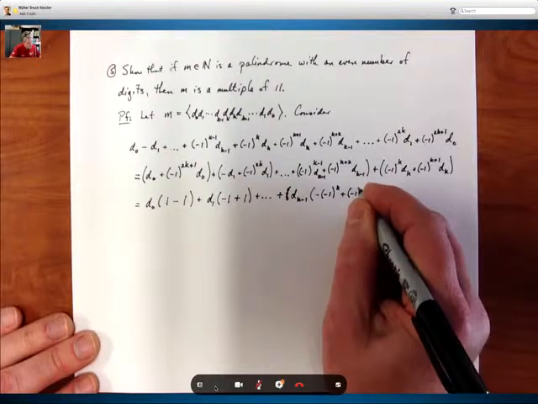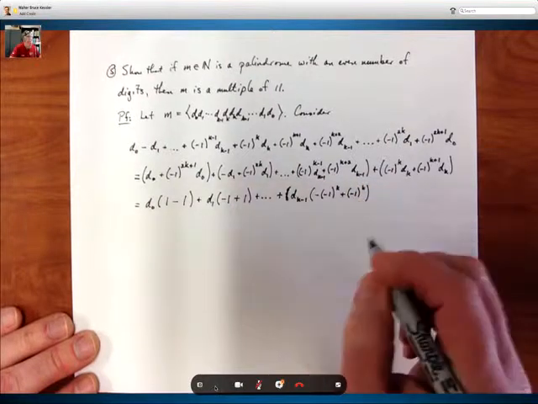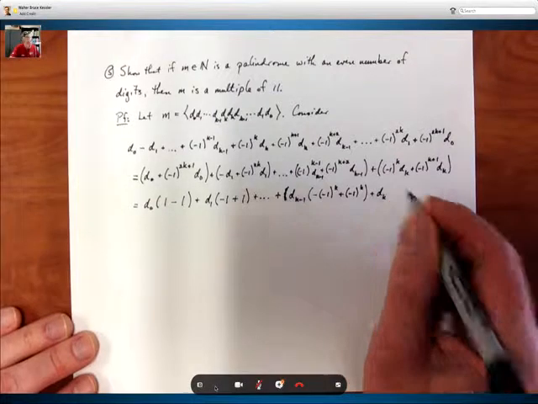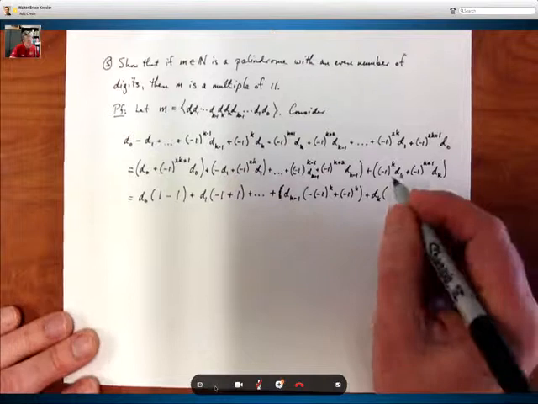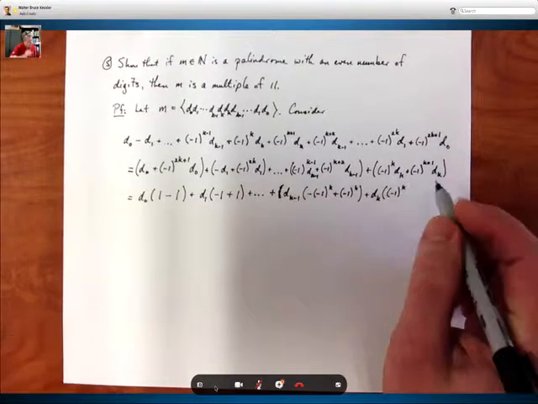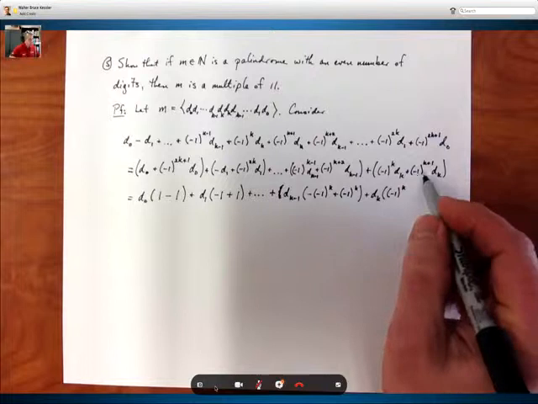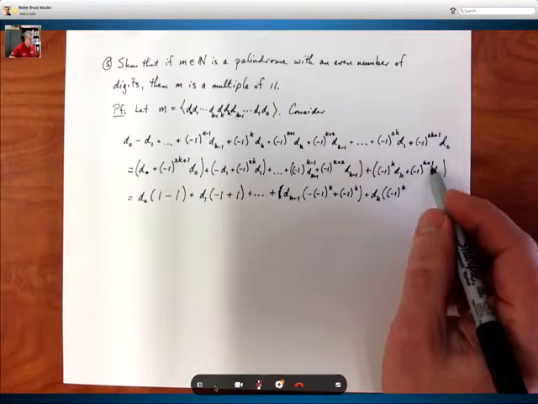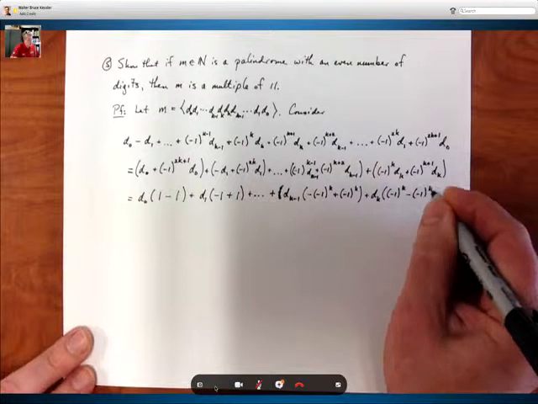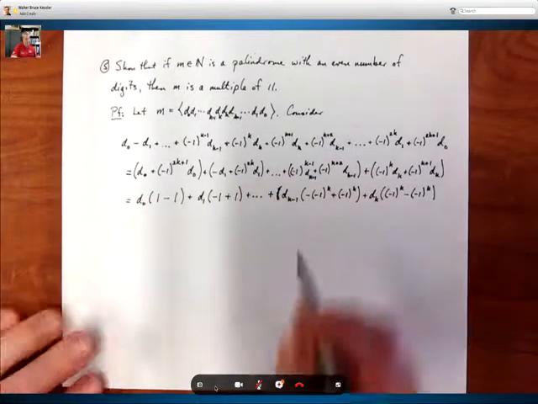So this is plus negative 1 to the k. All right. And then on this last one, I'll factor out the D sub k. I've got right here a negative 1 to the k. And again, this negative 1 to the k times another negative 1 is a minus negative 1 to the k.